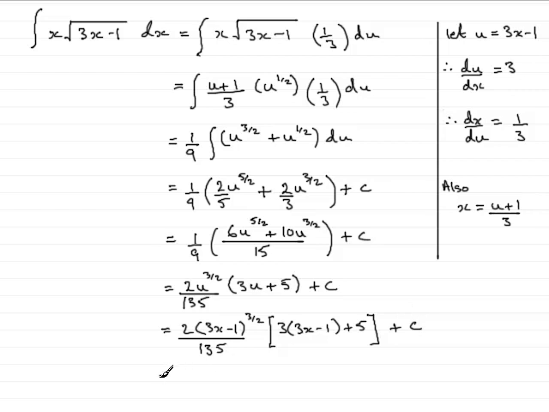Okay, so we're nearly there now, so we've just got to clean up the square bracket, so write that in here, 135. Now when it comes to the square bracket, we can see that we've got 3 lots of 3x, that's 9x, so have a curved bracket now, 9x, and then we've got 3 times minus 1 is minus 3, plus the 5 is plus 2, so 9x plus 2, and then the constant of integration plus c.